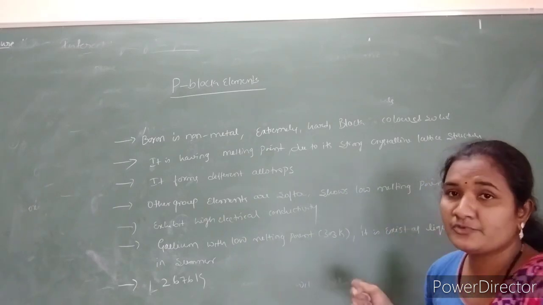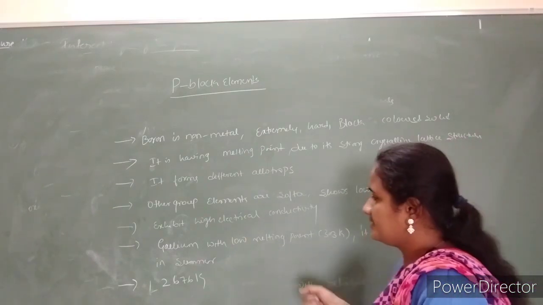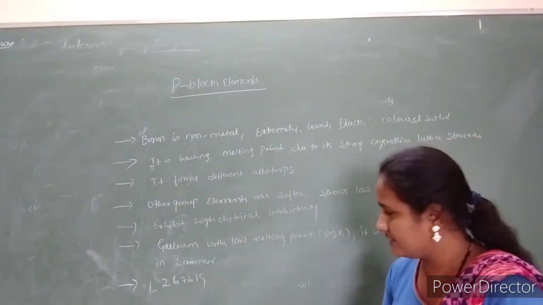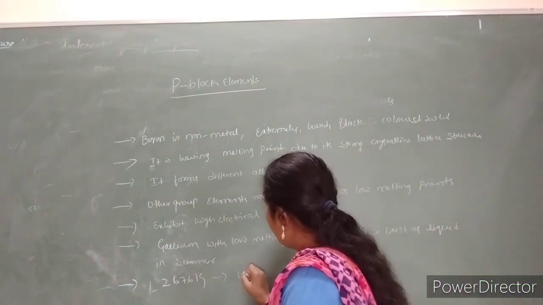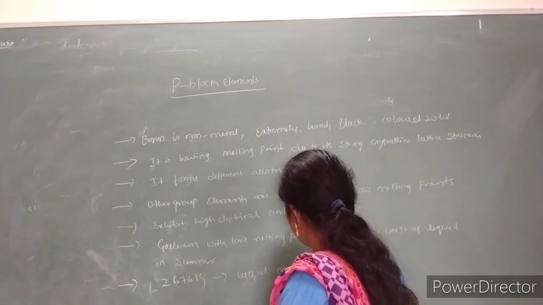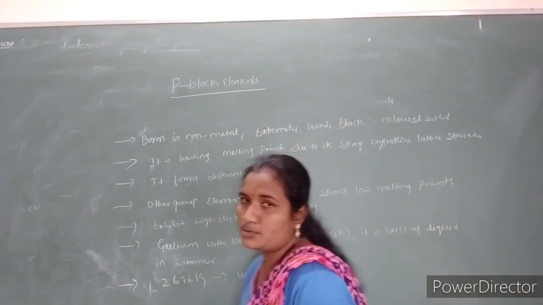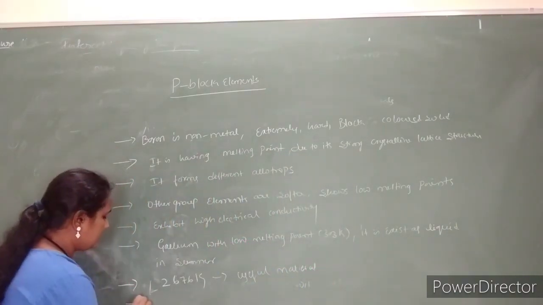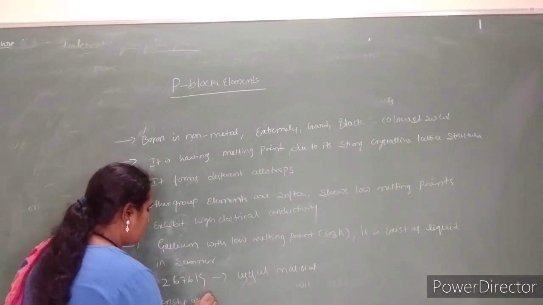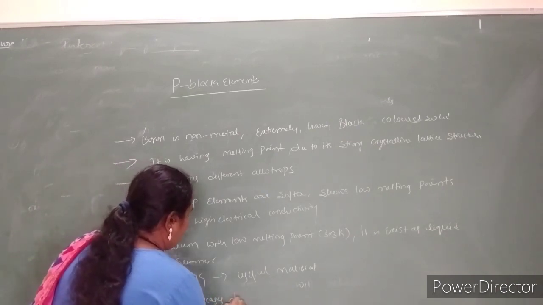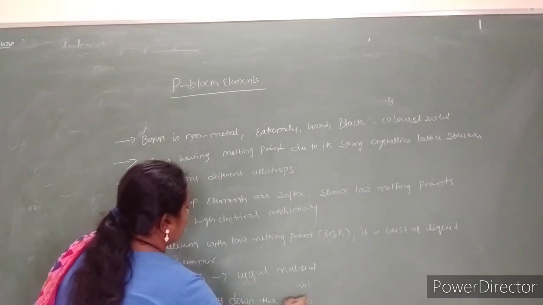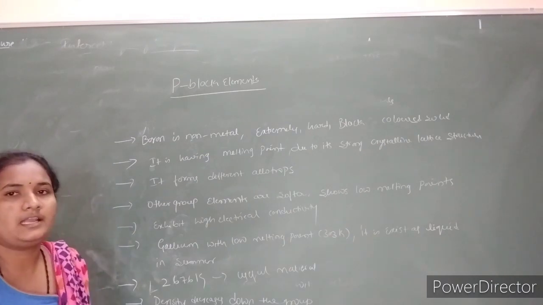But gallium, with its low melting point, exists as a liquid in summer days, and at 2676 Kelvin it forms a useful material, and the density decreases down the group. So these are the physical properties of group 13 elements.